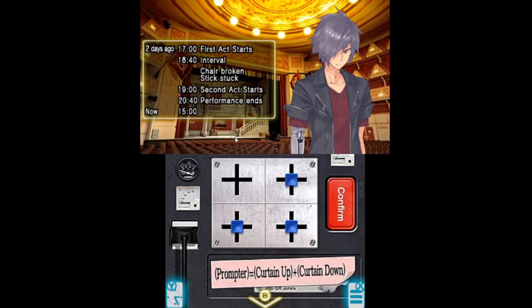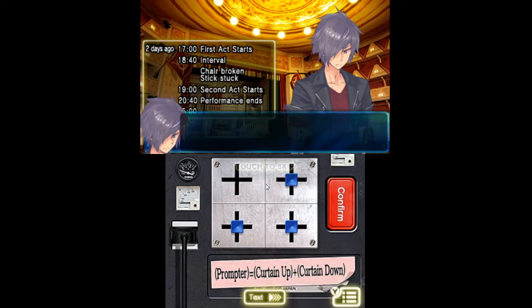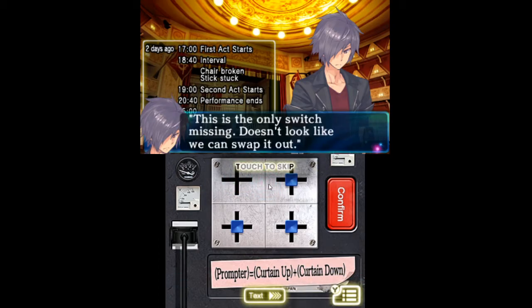Prompter 啊，就是那个紧急出口，员工用的，员工从地下上台的那个装置，把那个装置动起来，他们就可以下去。Prompter equals curtain up and curtain down. This is the only switch missing.